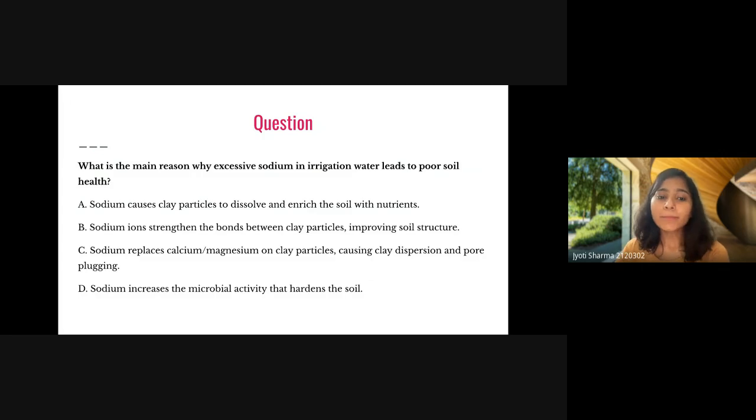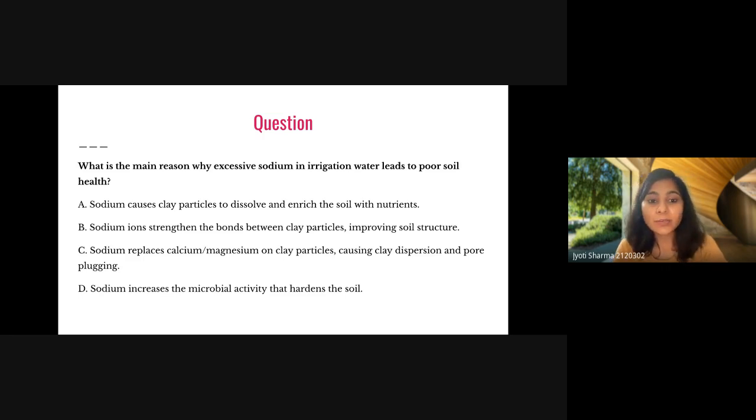What is the main reason why excessive sodium in irrigation water leads to poor soil health? We have four options. A: Sodium causes clay particles to dissolve and enrich the soil with nutrients. B: Sodium ions strengthen the bond between clay particles, improving soil structure.